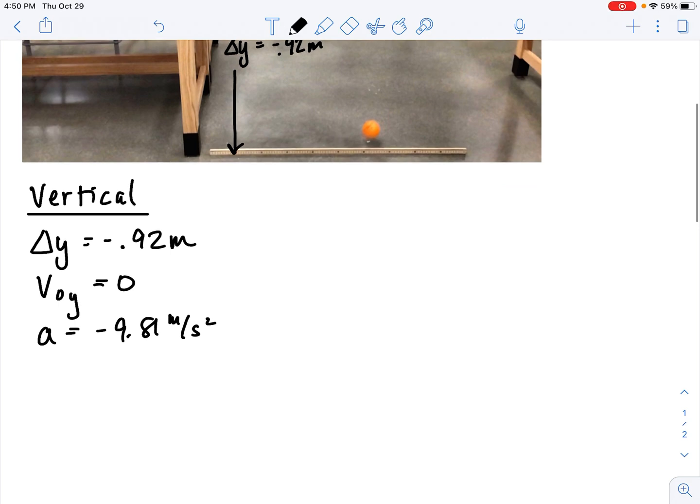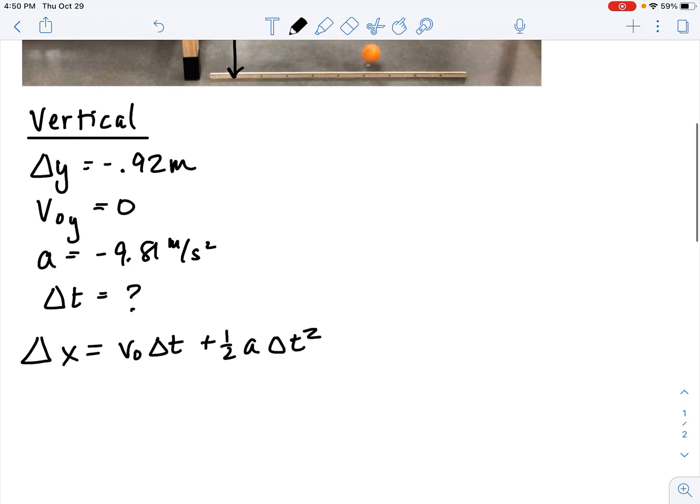One of the things that I can figure out about the ball is how long it was in the air. If I go back to my kinematic equations, delta x equals v naught delta t plus 1/2 a delta t squared, I'm going to apply vertical free fall. And with vertical free fall, instead of delta x, I'll call it delta y. That just indicates that the direction is vertical.